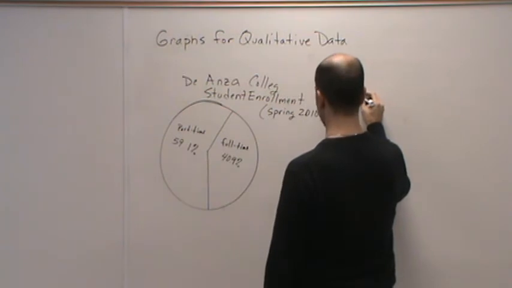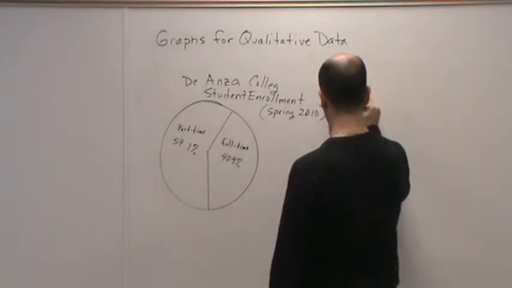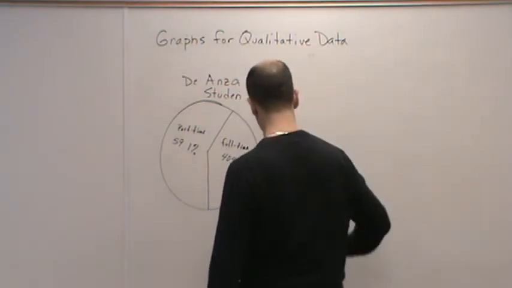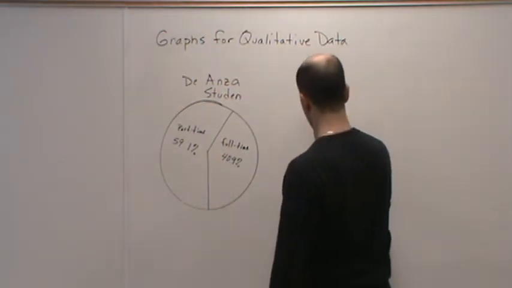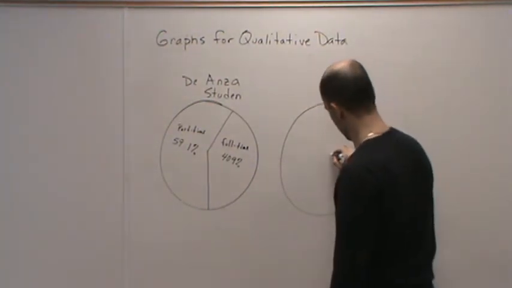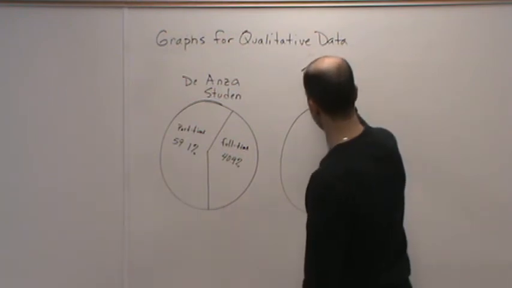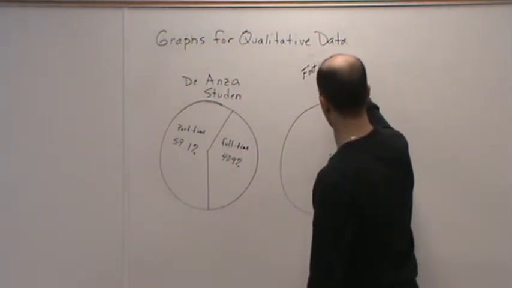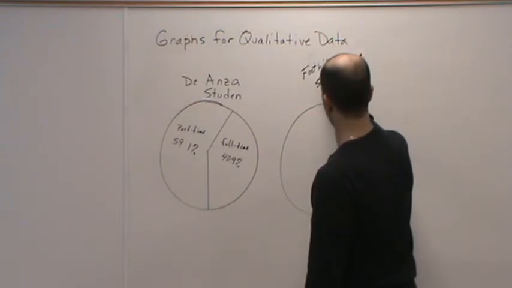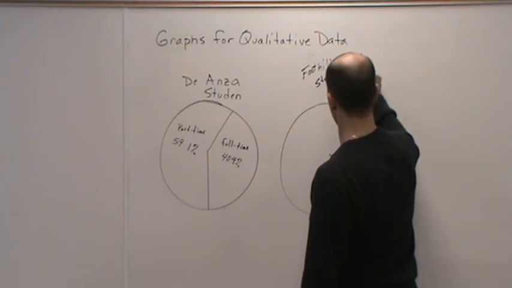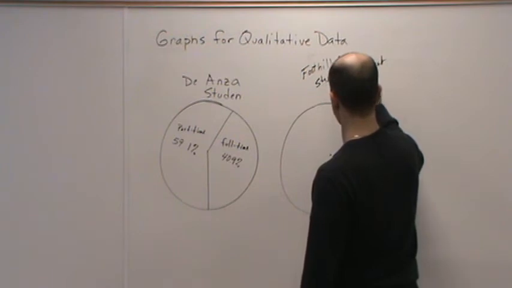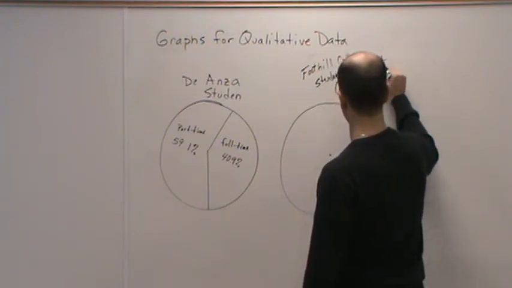Okay, that's it. Now over here, if I draw my pie chart, put my dot, and this is going to be for Foothill College. Student enrollment, spring 2010.